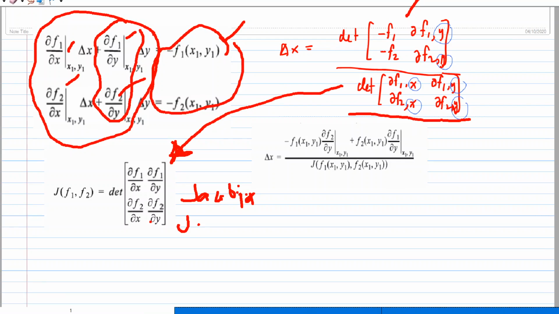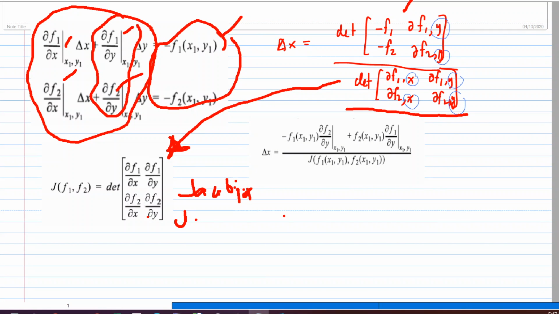I can't write because I'm using Zoom. This is what we call the Jacobian. Okay.